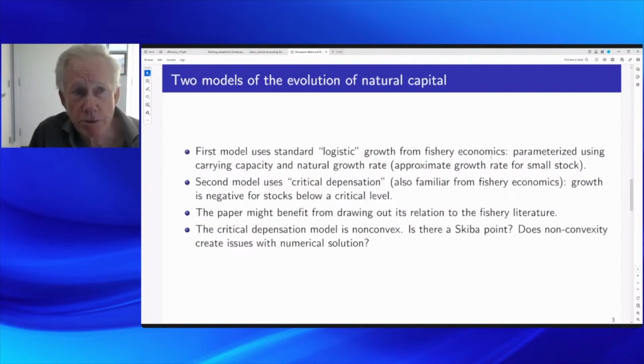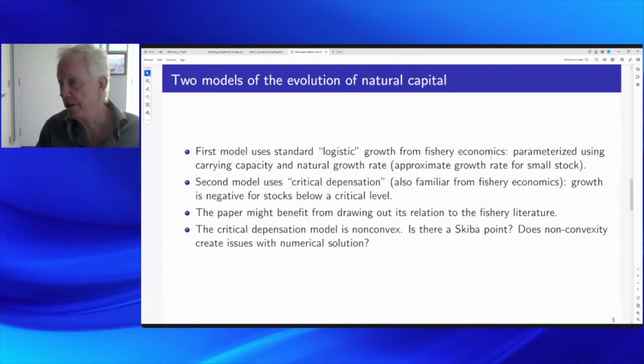And there are two models of the evolution of natural capital. And again, I think that the fishing analogy is pretty useful. At least it helped me understand it. The first model uses what in the fishery literature is known as a logistic growth model. And this is parameterized using just two parameters, a carrying capacity and a natural growth rate.